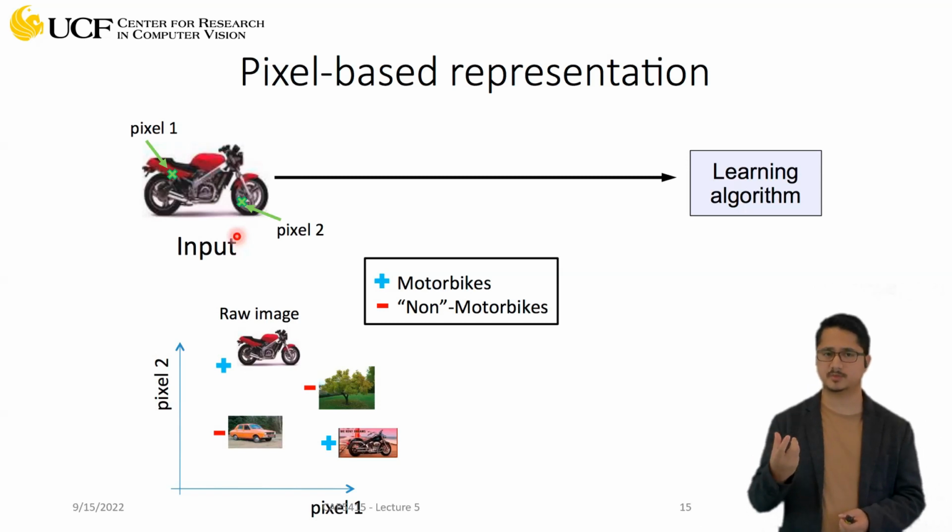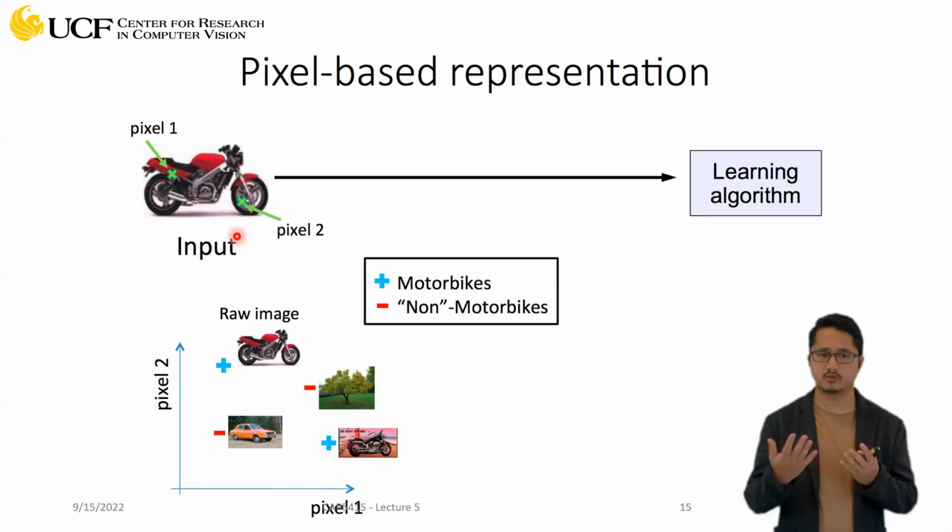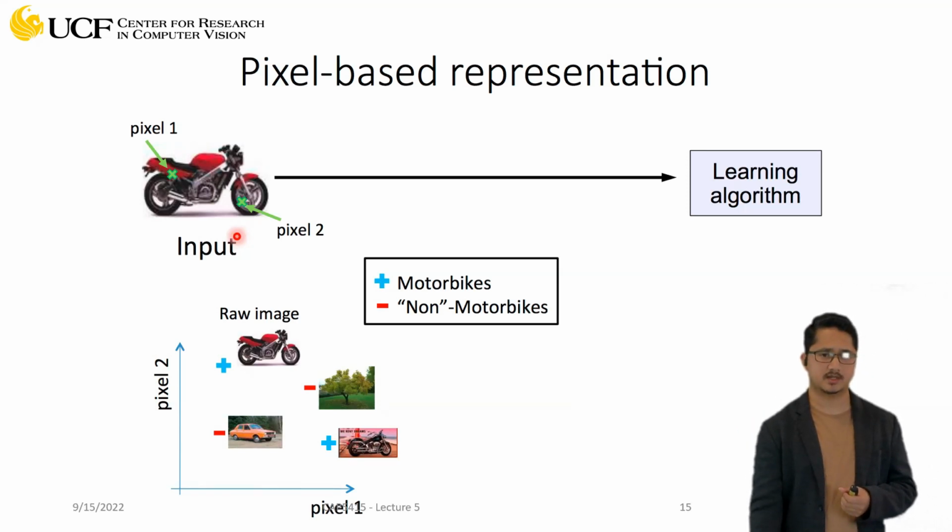And you can say that, okay, this pixel has red color, this pixel has green color. So that's one very crude form of image representation. And you can, in fact, create your algorithm just using that representation. But let's see what the issues are. So let's say we just pick 2 pixels and we say that, okay, the x-axis is pixel 1 and the y-axis is pixel 2.